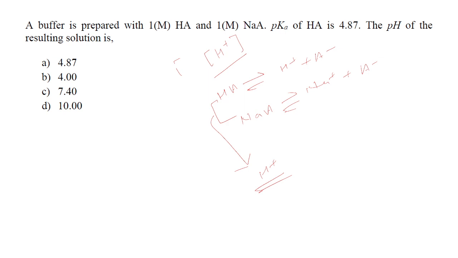If the concentration of A minus will not change on the basis of Na or H, the pH will be the same as 4.87. So the correct answer is A.